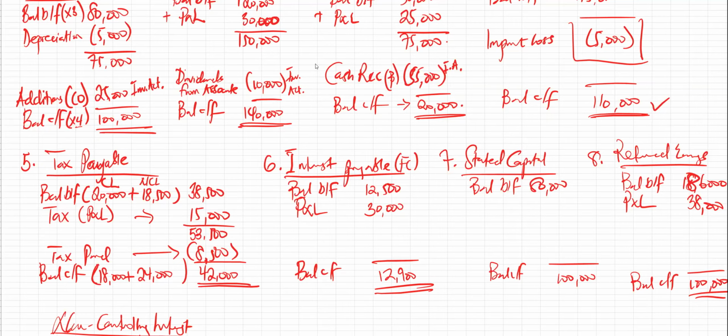Good. Now, interest payable. We were supposed to owe the bank 42,500. But it reduced to 12,900. Did we pay some? Yes, interest.